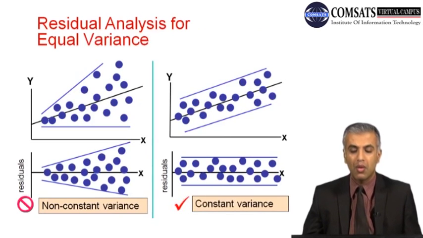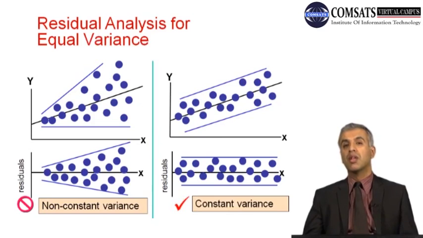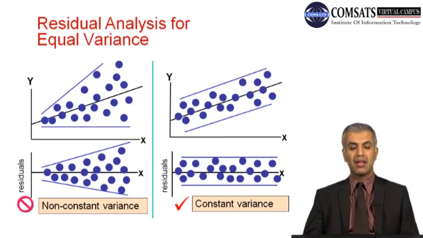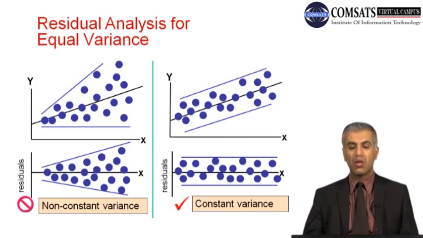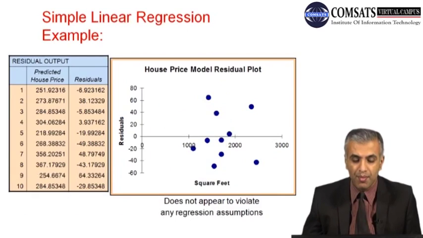Then what would be the pattern for showing equal variance in the data set? As you can see, we have discussed what kind of pattern would portray constant variance and what would portray non-constant variance here.